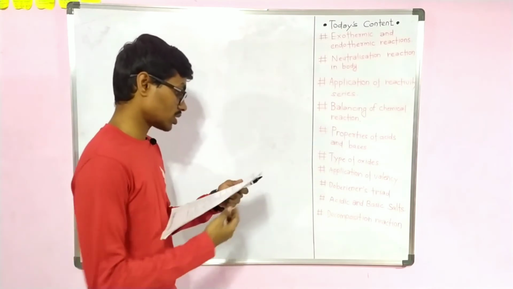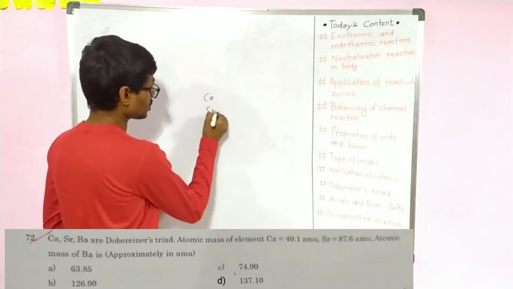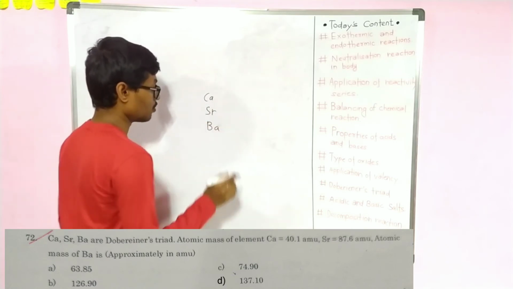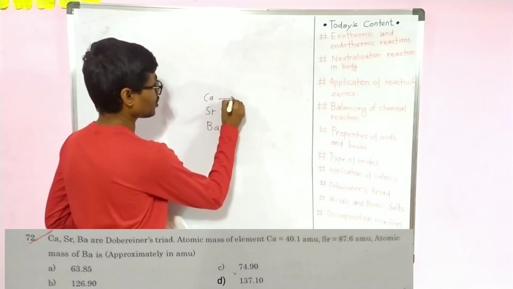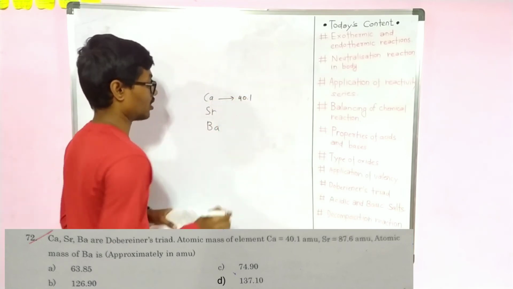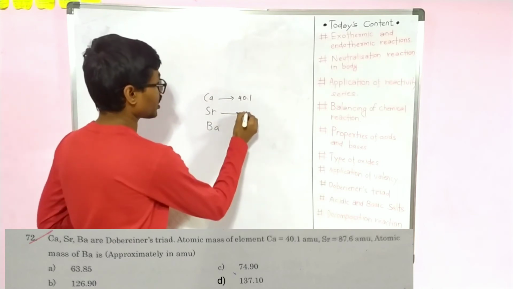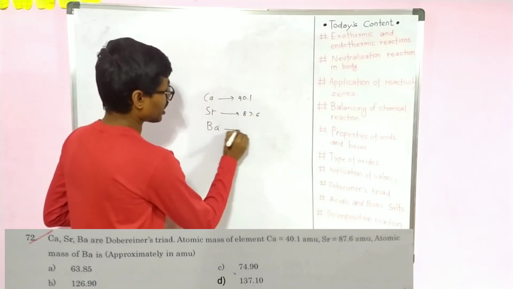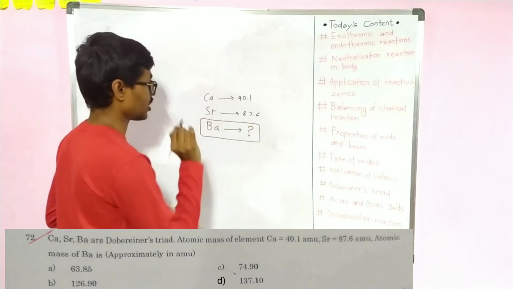Now in next question they have given us calcium, strontium and barium, and they have given that atomic mass of calcium is 40.1. Atomic mass of strontium is 87.6, and they have asked us what would be atomic mass of barium.